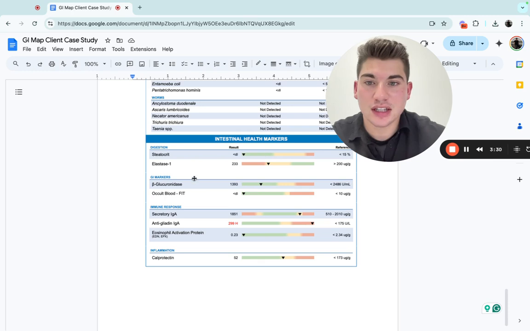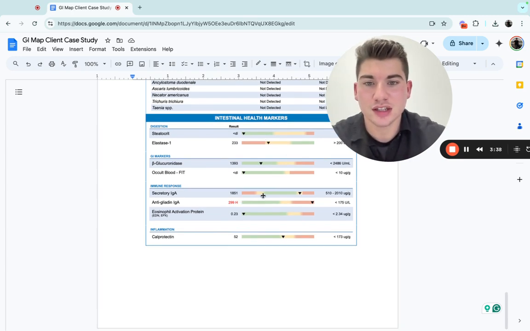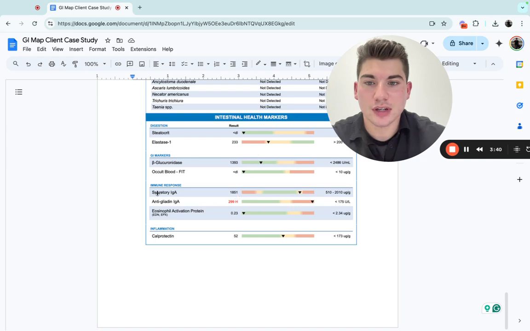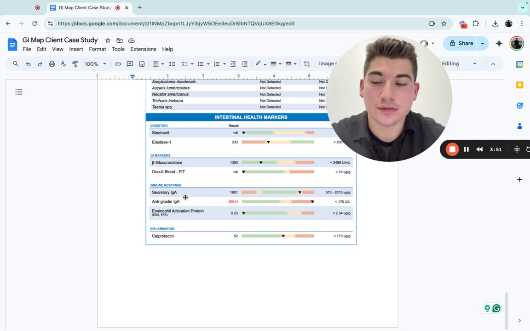And then when we looked at his intestinal health markers, which is really his gut lining, his mucosal lining, he was way out of range for regulatory IgA, meaning he had an immune response. So he had a lot of immunological issues, but that was actually causing a lot of acne. He was eating different foods and he had a lot of food sensitivities from that.